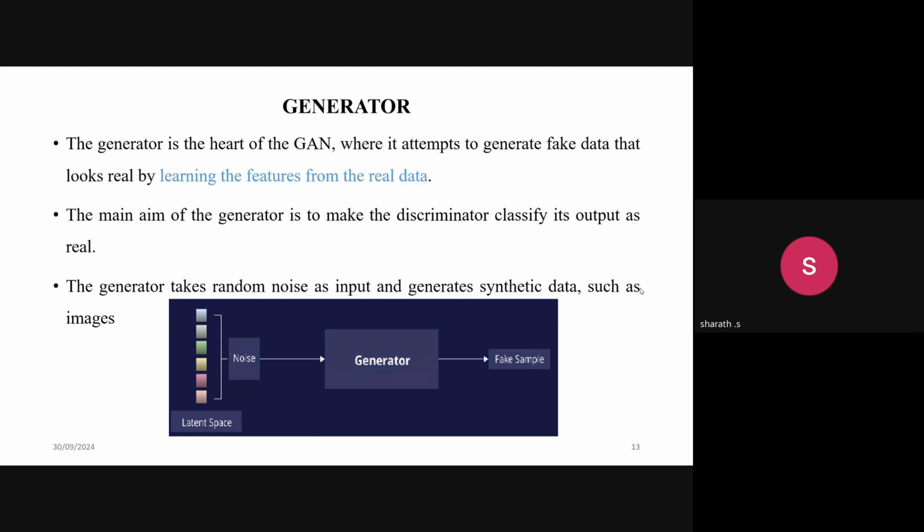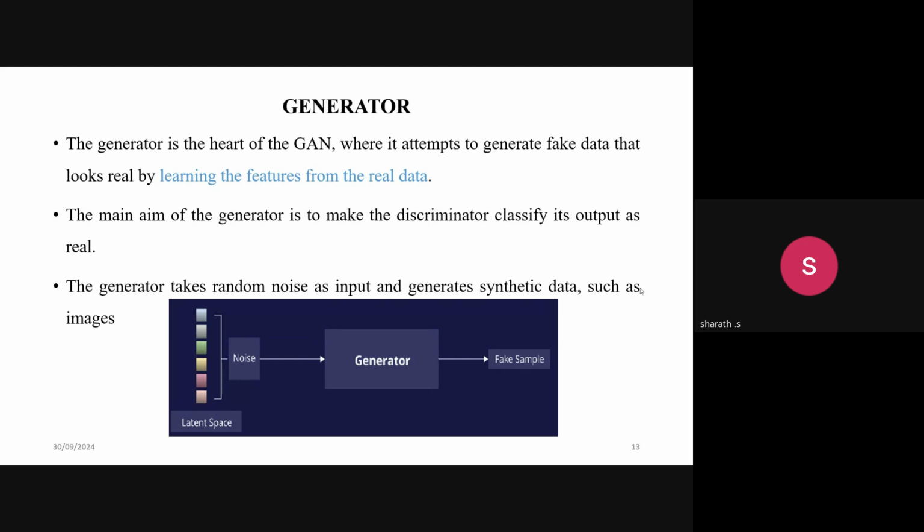The generator input is basically a noise, which is basically a normal distribution noise. What does your generator consist of, or what is it basically made up of? The architecture of a generator consists of a deep neural network. It is basically a CNN, which is made up of 8 layers.